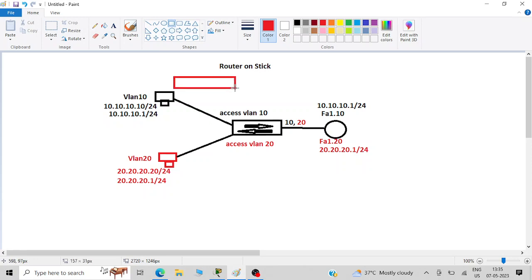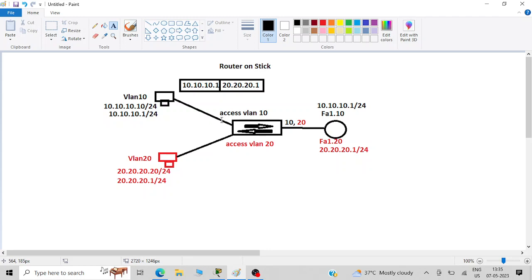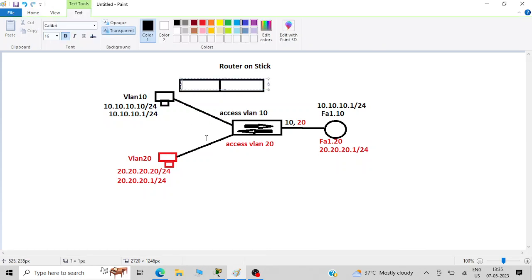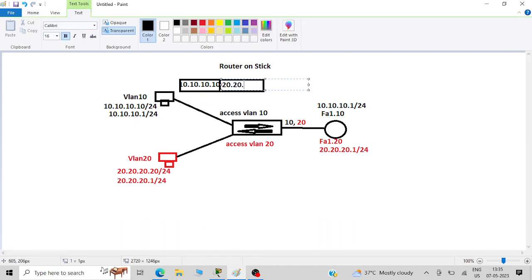In the IP packet, the source will be 10.10.10.10 and the destination will be 20.20.20.20.